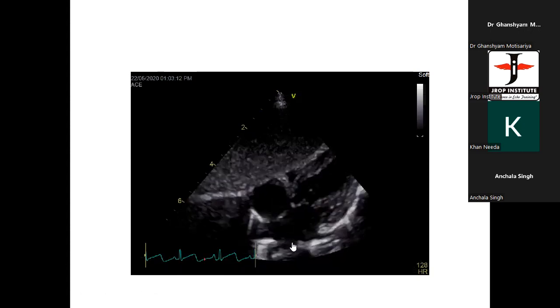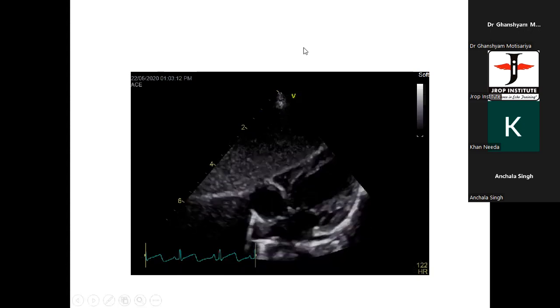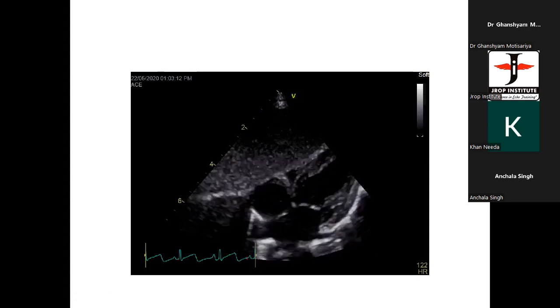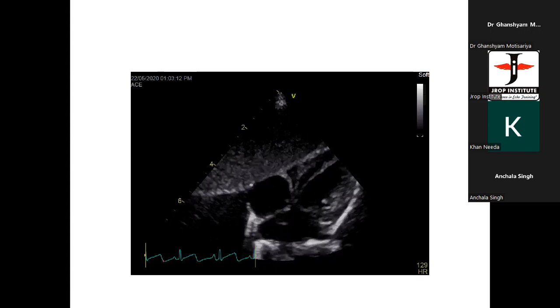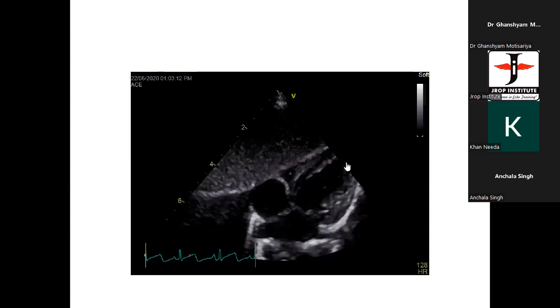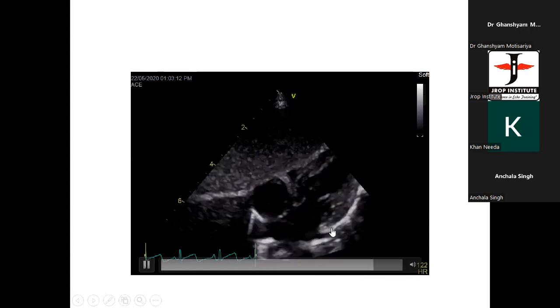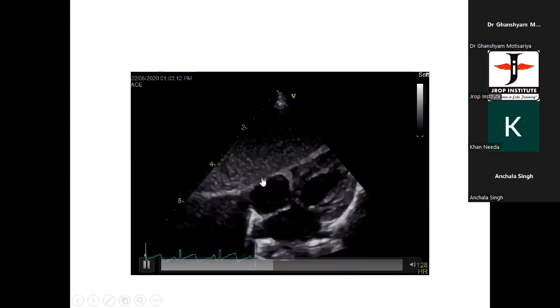Now, a theoretical question can come where the drainage of pulmonic vein is also aberrant. In that case, I'll still put my bets. The drainage of pulmonic vein is aberrant, but LA appendage shifting to the right would be nearly impossible.